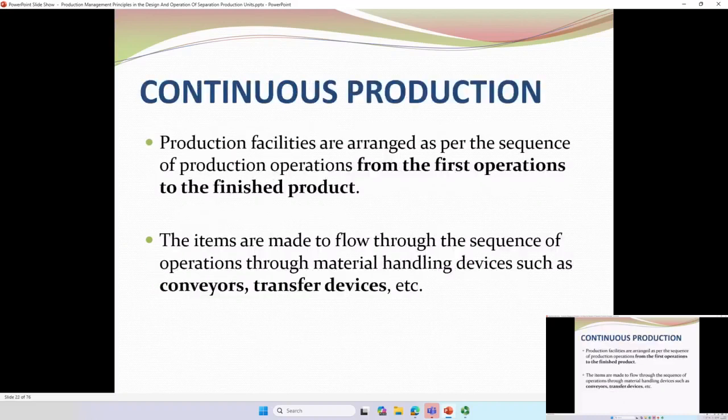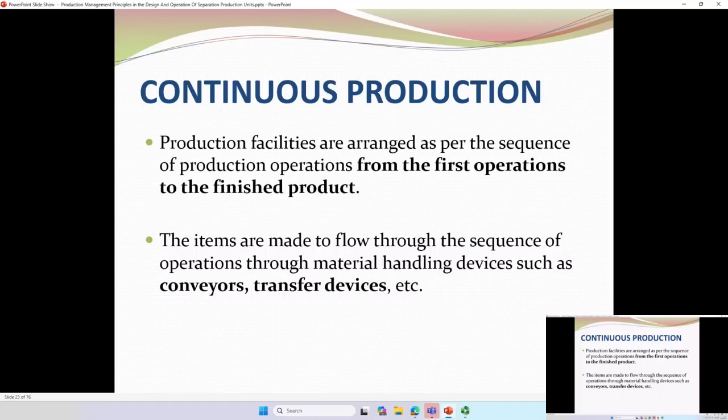Okay, so continuous production. Now, I think this is a bit confusing: the difference between continuous and mass production. Let's see if there is any difference. So you will tell me the difference. Pratham, you tell me the difference now. Production facilities are arranged as per the sequence of production operation from the first operation to the finished product.